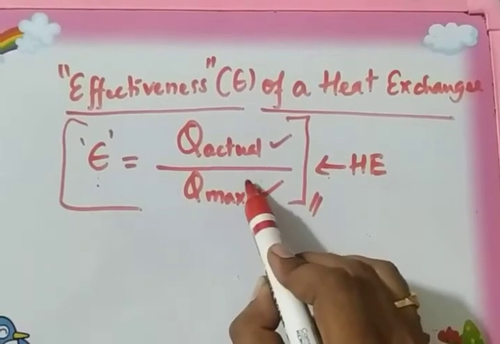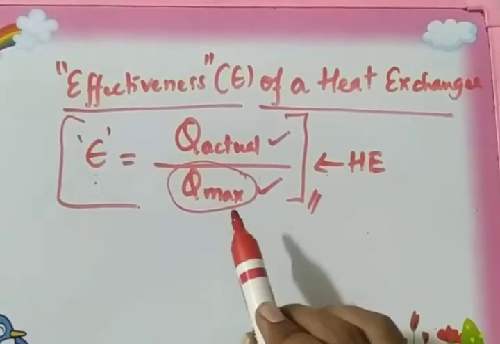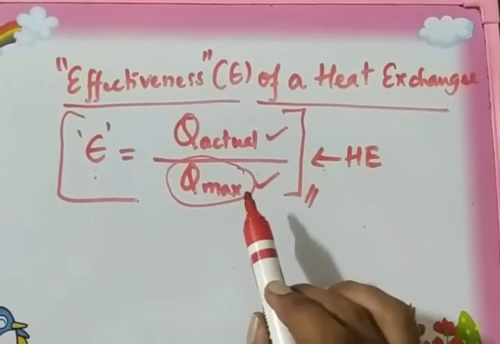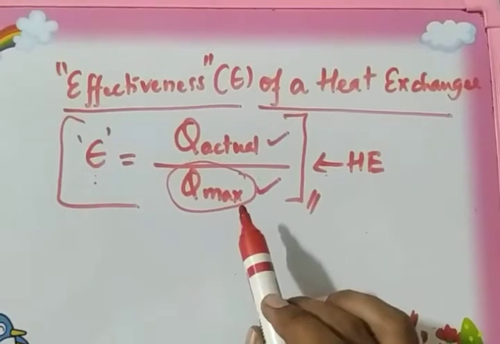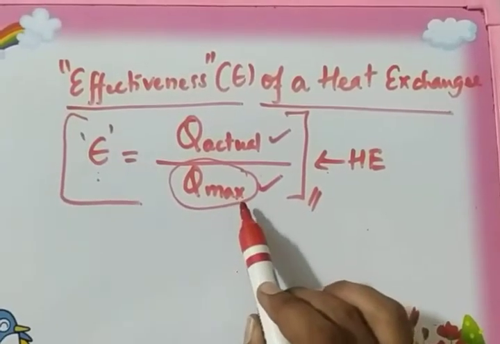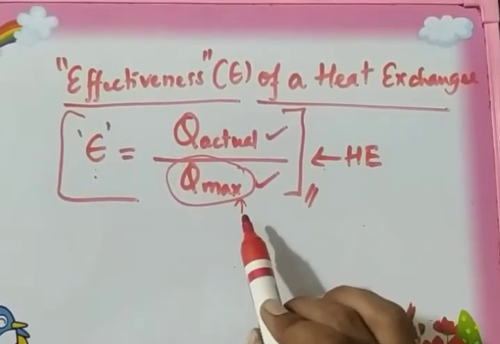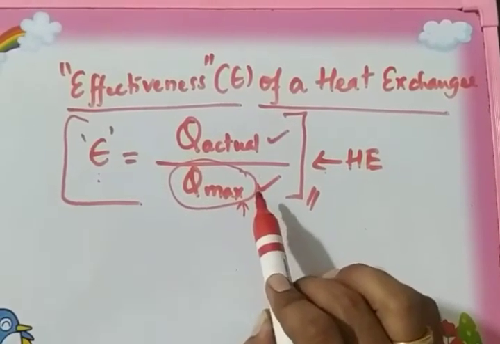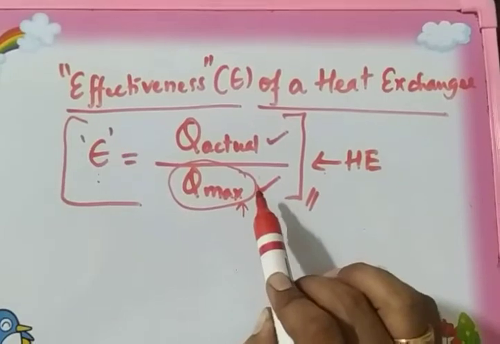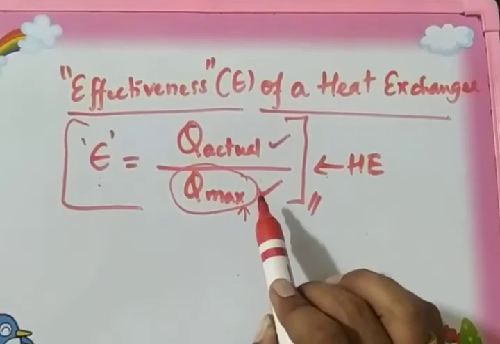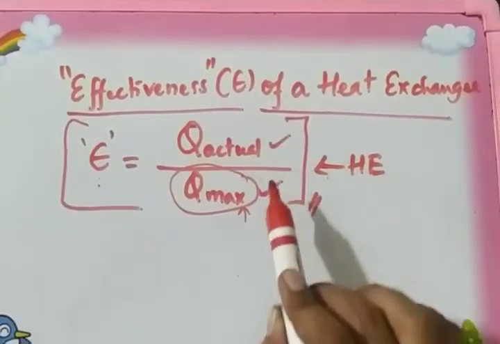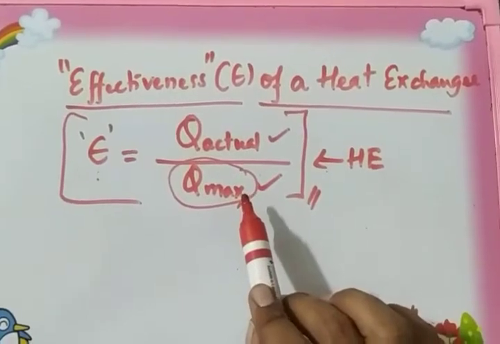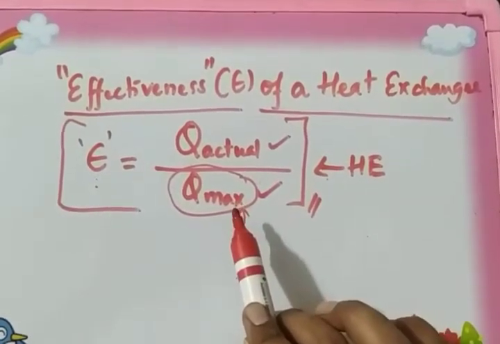Obviously, this maximum possible heat transfer will occur at the ideal conditions. I'll discuss this a bit later, but for the time being you understand maximum possible heat transfer is not actually possible in reality. Therefore, this ratio for all the different heat exchangers will always be less than 1.